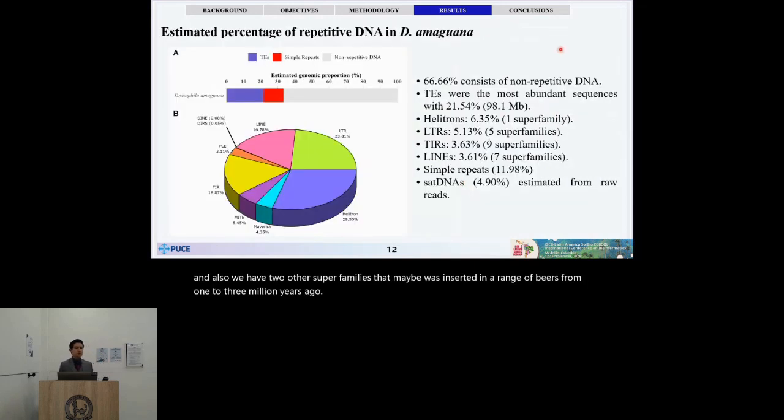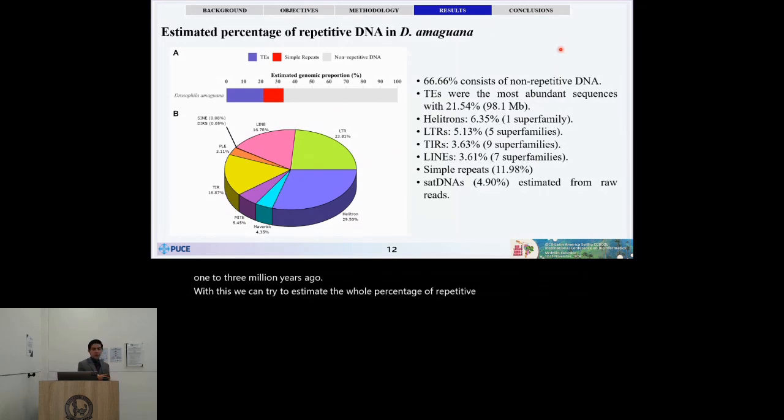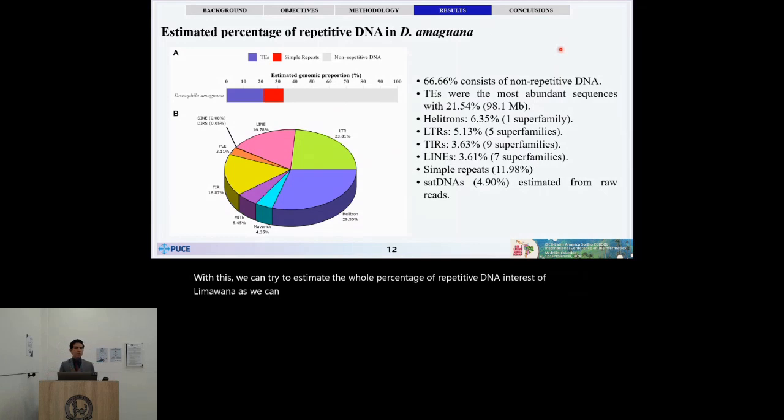With this, we can try to estimate the whole percentage of repetitive DNA in Drosophila amaguana. As we can see, using the manual curation library, we obtain a more real value of the TE content in the genome of this species. With this, we estimate that the TE content corresponds to 21% of the whole genome, which equals 98 megabases, while 66% consists of non-repetitive DNA.